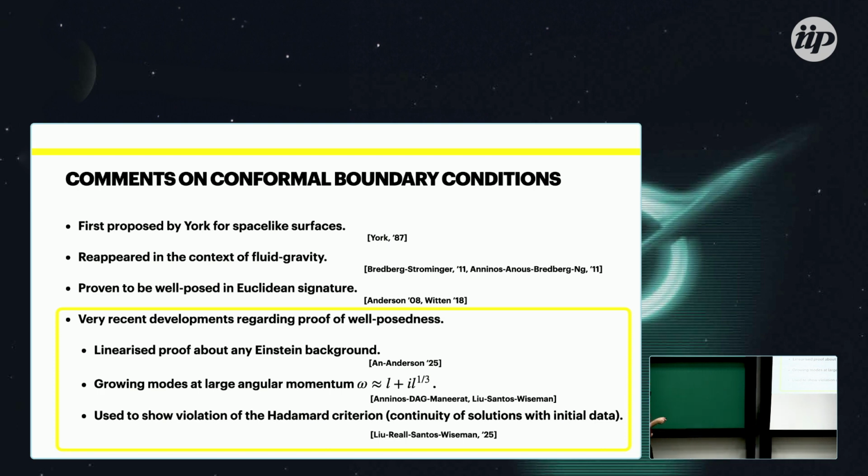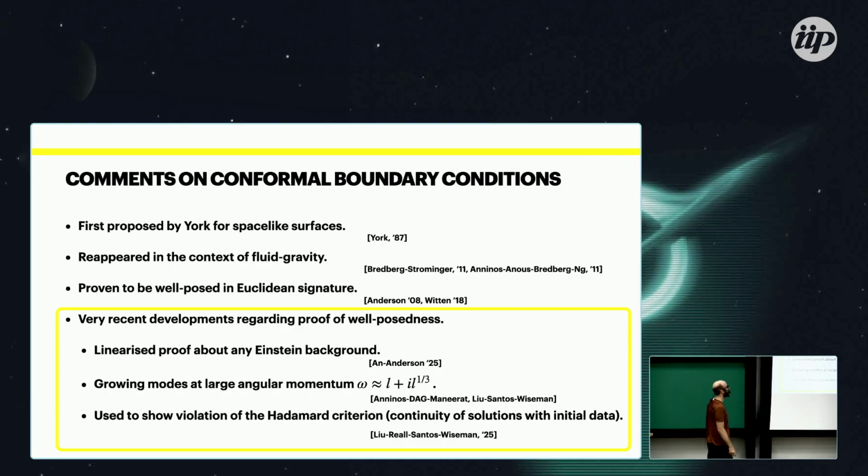They reappeared in our field in the context of fluid gravity, when people were considering what happens to gravity very close to event horizons of either black holes or cosmological horizons, and they realized that specifying Dirichlet data near the horizon was the wrong problem.